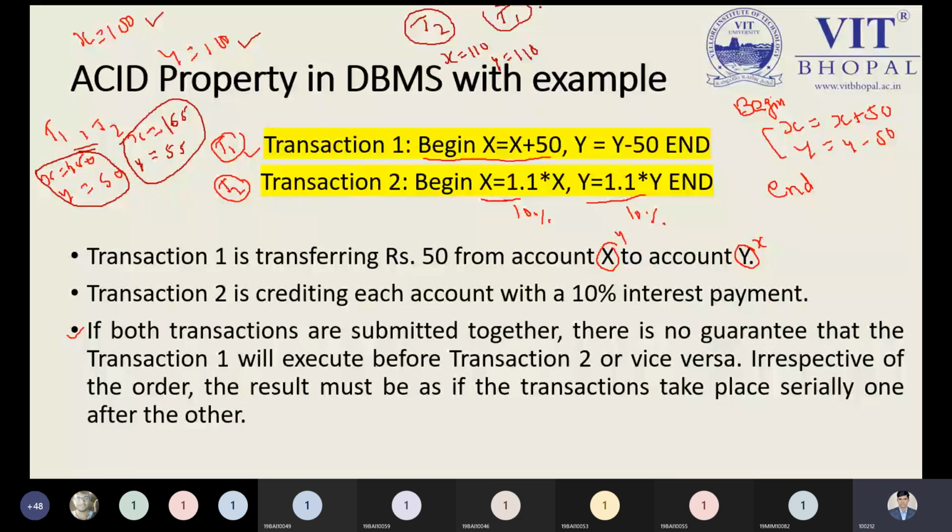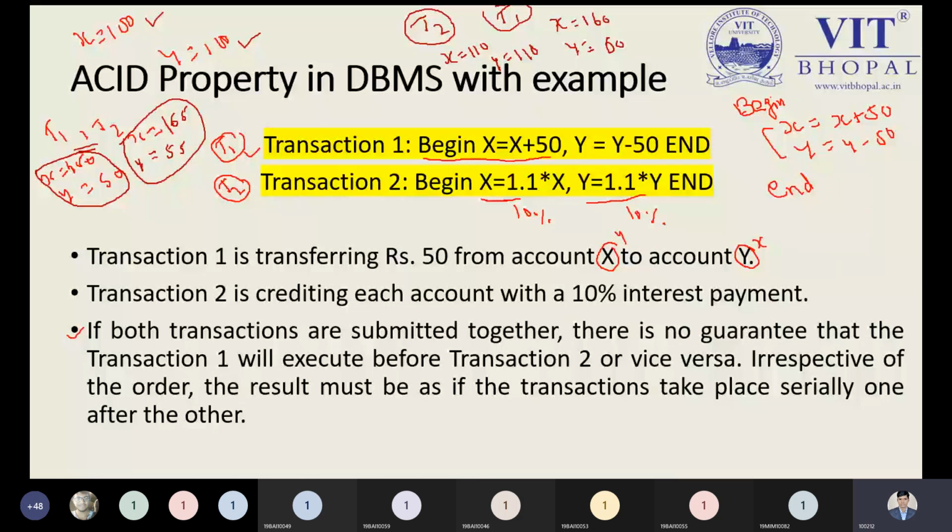Now after performing transaction T2, we are executing transaction T1. Now X will be updated by 50 rupees, so that would be 160. Now Y will be 60 rupees.